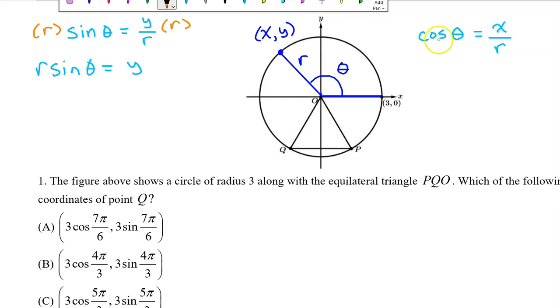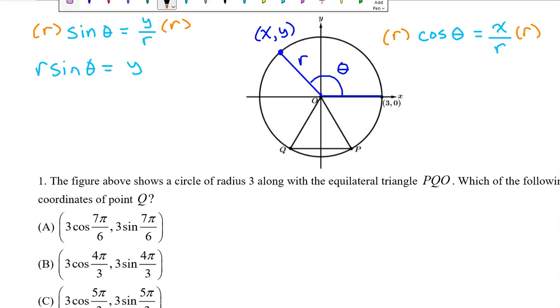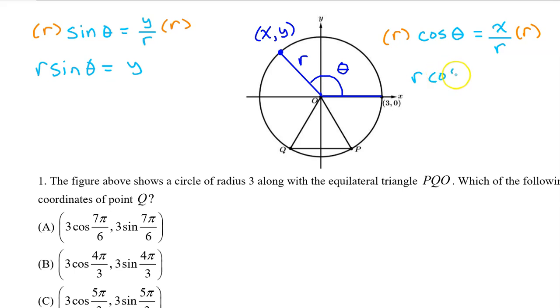Similarly, if you multiply both sides of the cosine equation by r, the r's cancel out, and this equation becomes r cosine theta is equal to x. Flipping this around, if I need to find the y-coordinate of any point on a circle, y will always equal r sine theta.